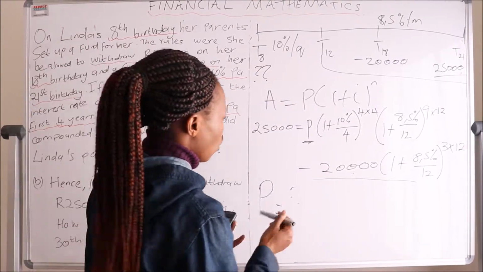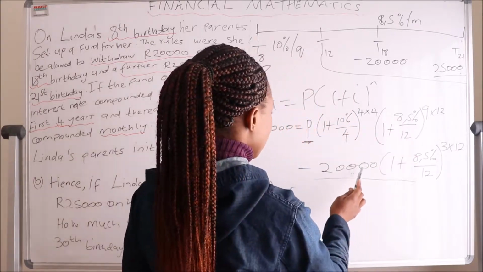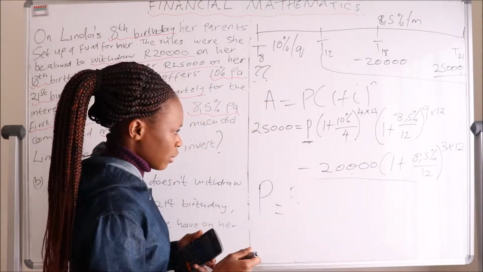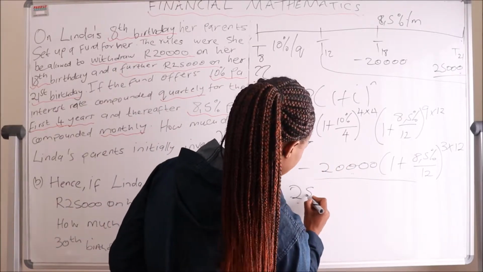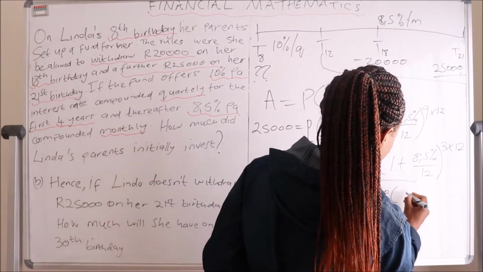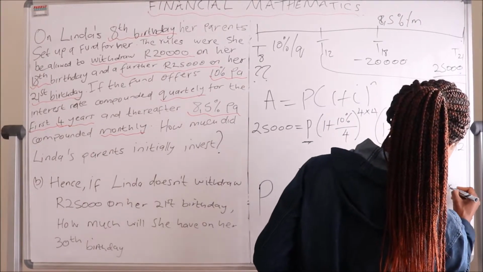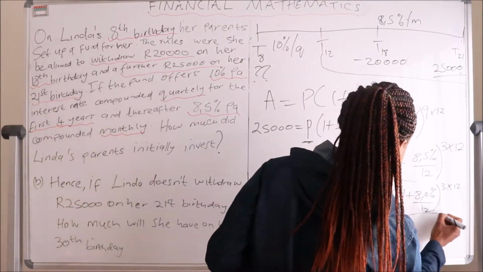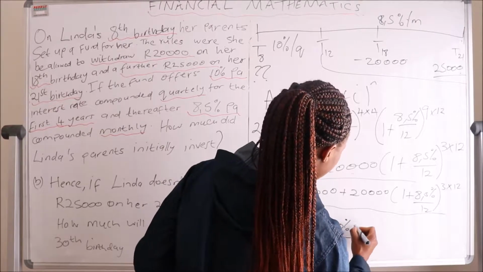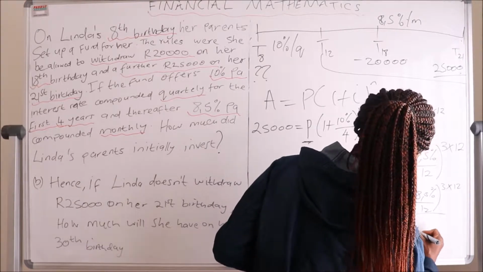The mistake is I should have done this on the one side and also this on the other side, so that this will add to the 25,000 and then divide it with this. So in this case it will be 25,000 plus 20,000 into 1 plus 8.5% divided by 12 to the exponent of 3 multiplied by 12, and all this will be divided by 1 plus 10% divided by 4 to the exponent of 4 multiplied by 4, into also again 1 plus 8.5%.